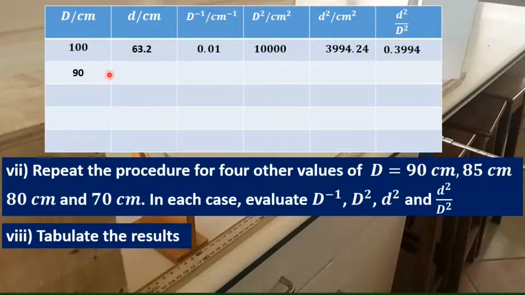Move the lens to locate two sharp images S1 and S2, find the difference small d between S1 and S2, evaluate capital D inverse that is 1 divided by 90, capital D square that is 90 square, small d square and small d square over capital D square. Repeat the same procedure for capital D equal to 85 centimeters, 80 centimeters, and 70 centimeters, and fill the table.